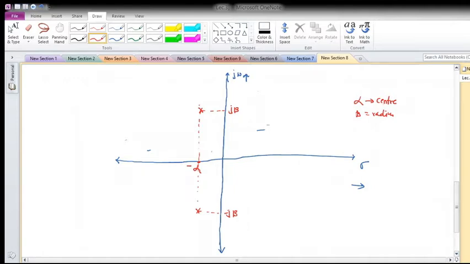Okay, so if you draw the circle, what will happen? Beta has a radius, alpha has a center. If you draw the circle, you will get something like this. Okay, so assume that it is a circle.